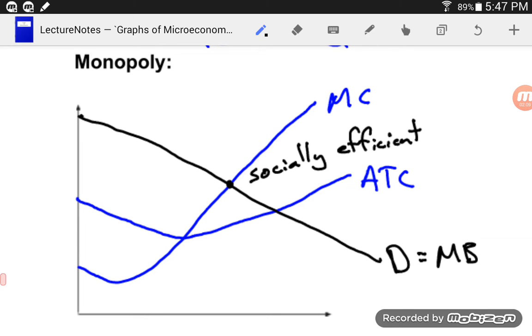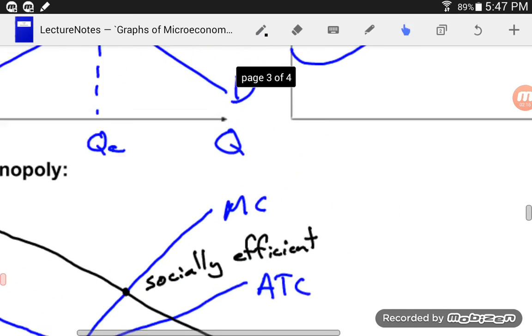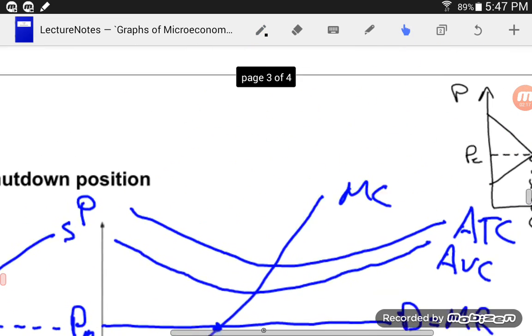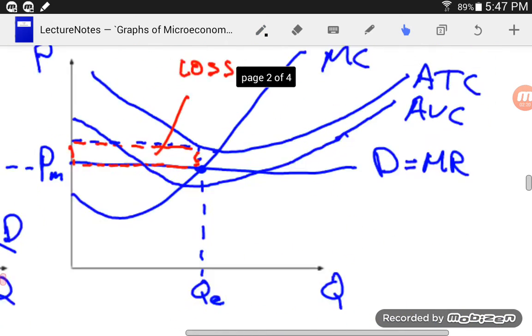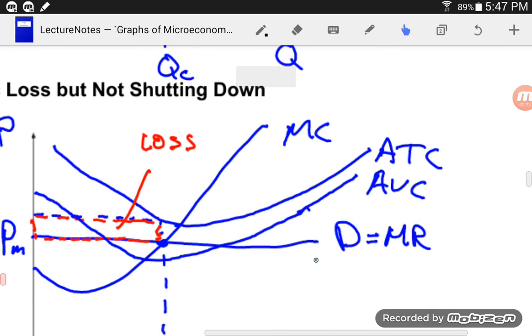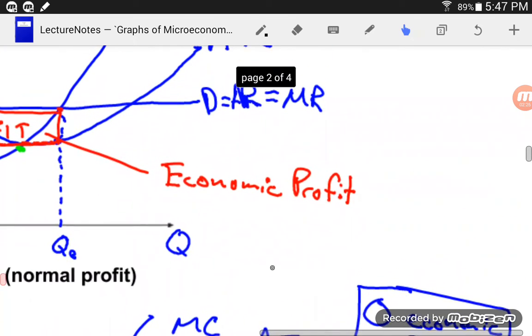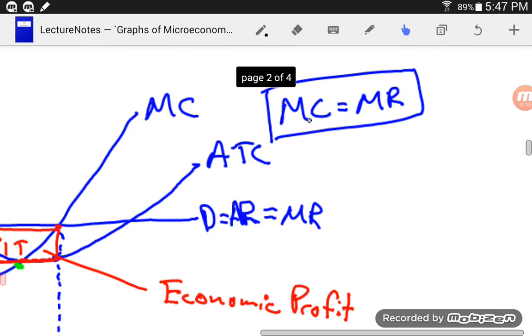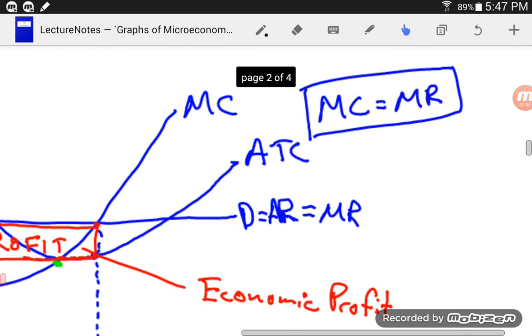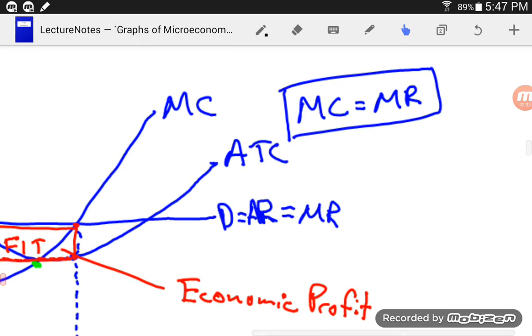Instead, what they're going to do is produce, like we said before, where did we say it? We're going to produce where marginal cost equals marginal revenue. There it is. It's up here somewhere. We're always going to produce where marginal cost equals marginal revenue.